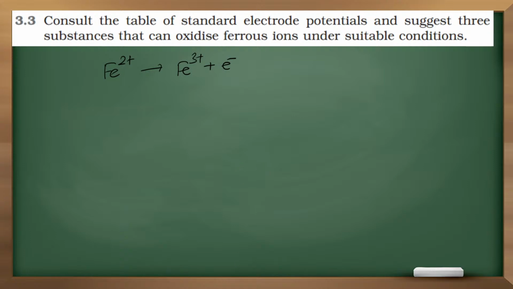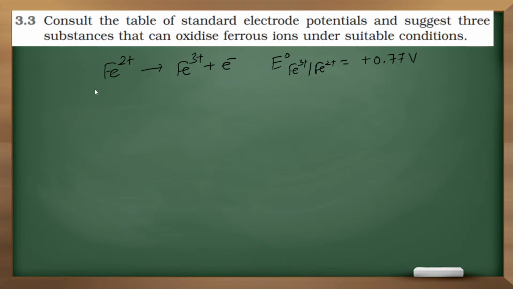So suggest. Actually, you know, Fe2+ to Fe3+. What is the value? The E naught value of Fe3+ to Fe2+ is plus 0.77 volt.